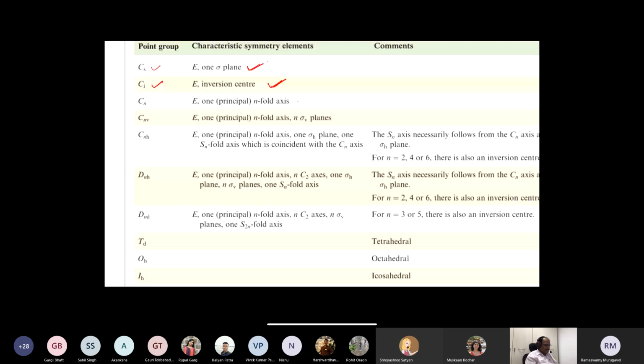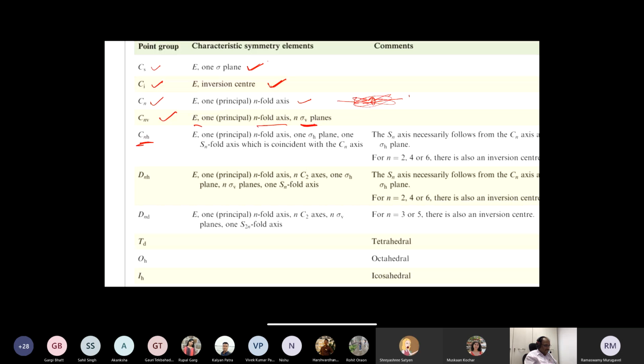If you have only the principal axis of rotation and no mirror planes, like carbon monoxide, for example, only a principal axis of rotation, but it is actually D infinity v, not C. Just an example. With no mirror plane, that is a Cn point group. C2v we saw here, where you have identity, an n-fold axis, and sigma v.